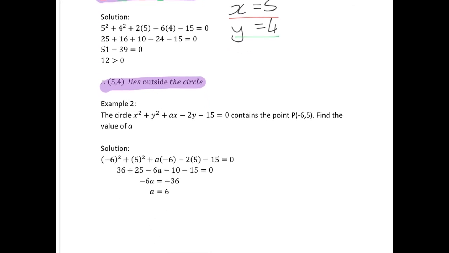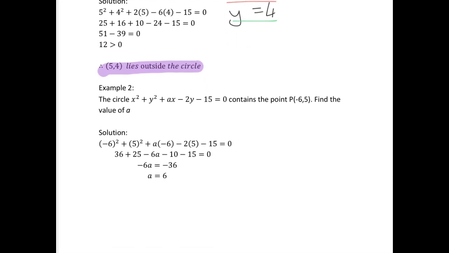Next, a slightly different question. We're told that the circle x² + y² + ax − 2y − 15 = 0 contains the point P at x equals −6, y equals 5, and we are asked to find the value of a.